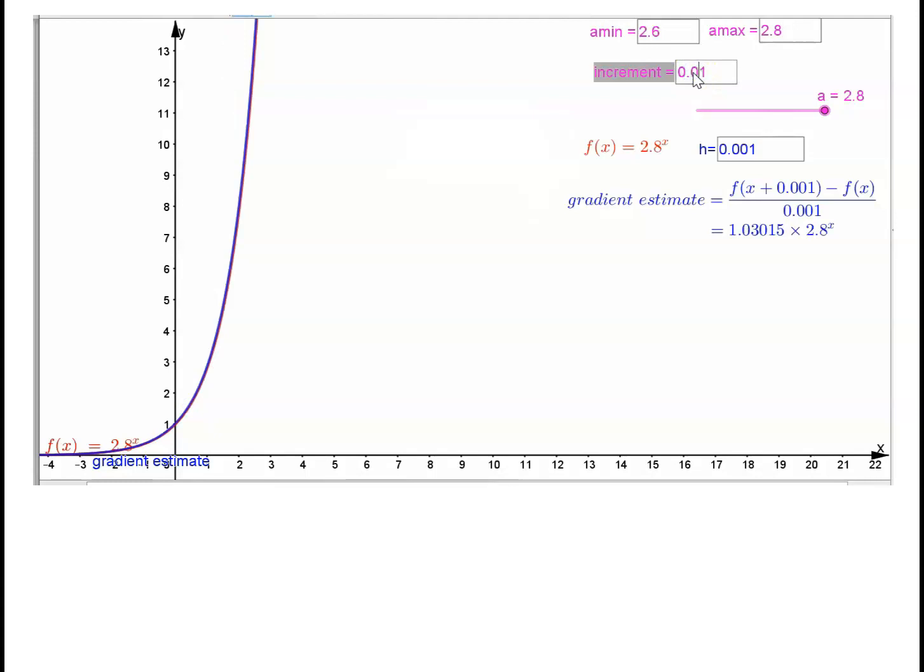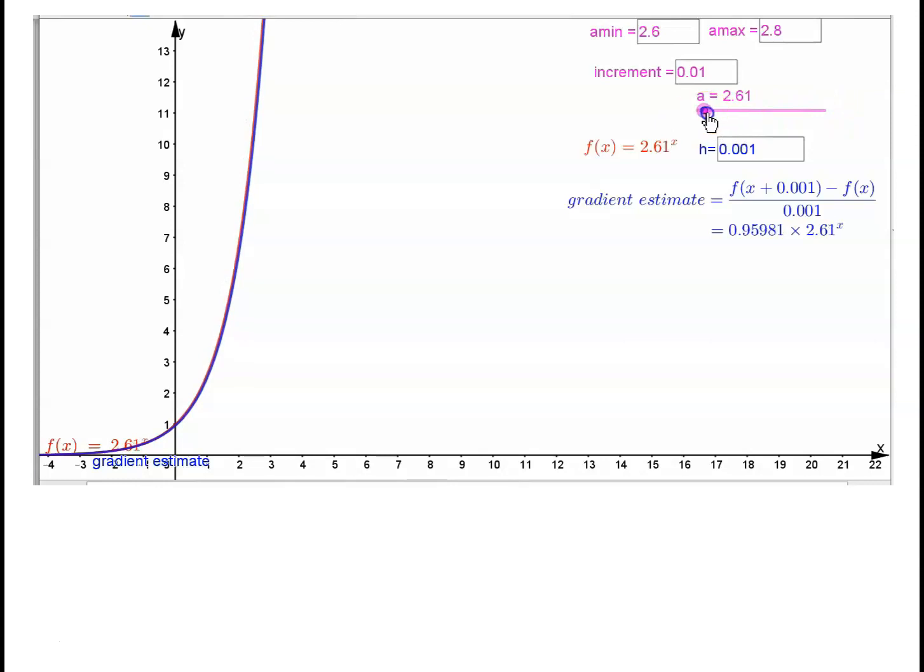We're now going to use increments of 0.01. For f of x equals 2.6 to the x, the gradient estimate is less than the function. But now, as we increase, the gradient estimate is bigger than the original function.